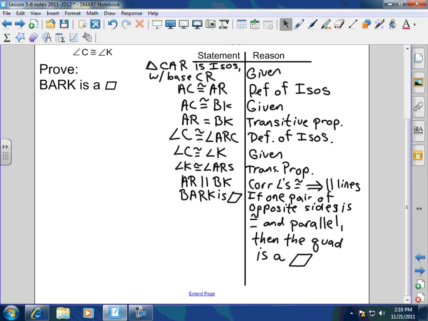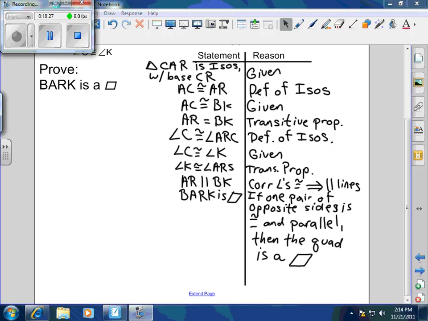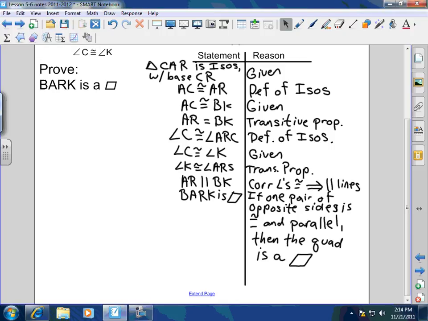We've used substitution before in proofs all the time. Transitive is if A equals B and B equals C, then A equals C. Substitution is A equals 30 degrees. So like I was saying, if A equals 30, and I say angle A plus 60 equals blank, you could use substitution to replace angle A with 30 degrees.